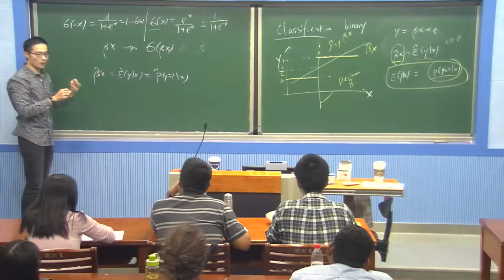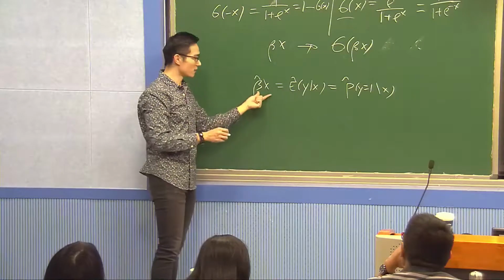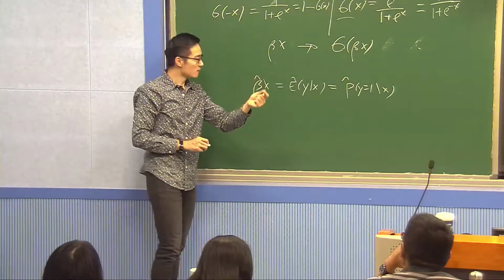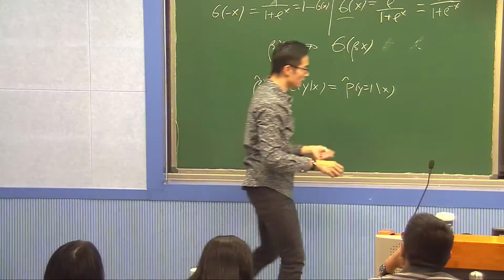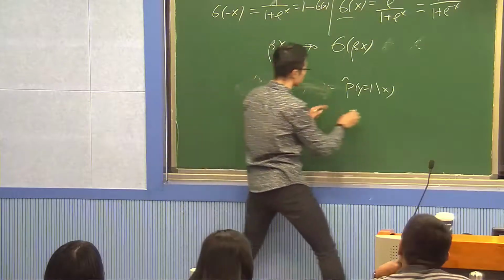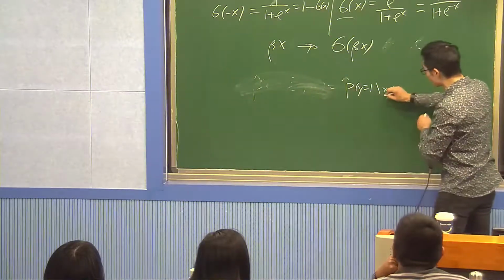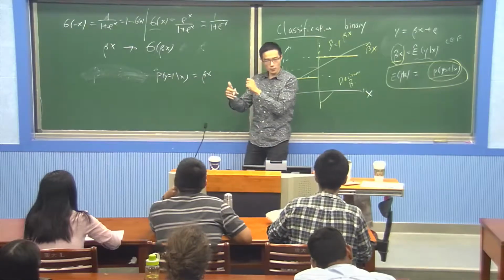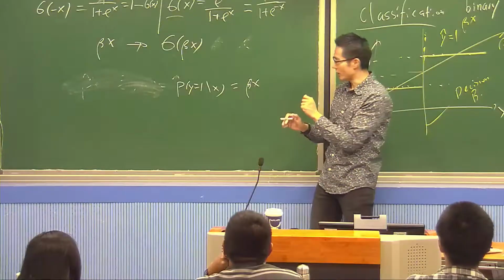But this is not a very good one. This is not a very good probability model because it's not bounded by 0 and 1. So what I'm going to do is, instead of assuming the probability of y given x equal to beta x, which is more or less what the linear regression model is doing, you can think about it that way.